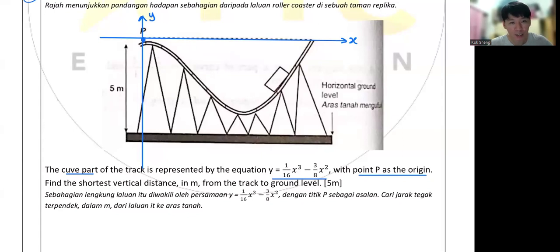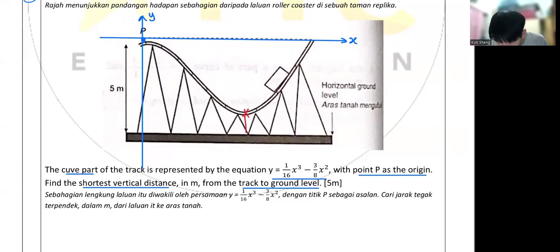The question asks: find the shortest vertical distance from the track to ground level. Shortest vertical distance. So you know the vertical, and the shortest, somewhere around here, correct?